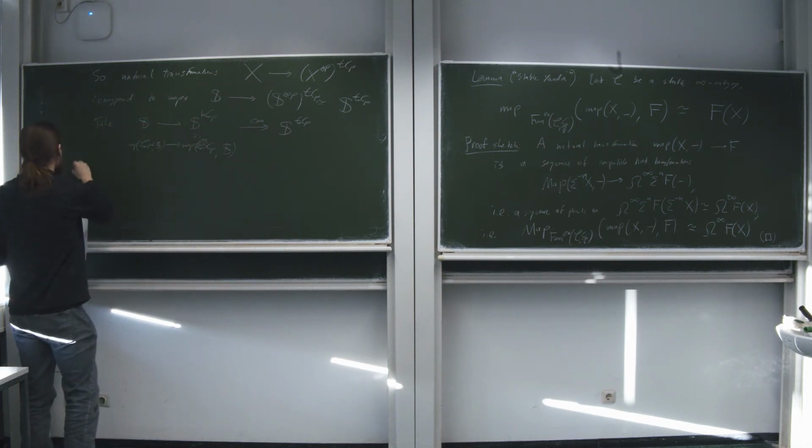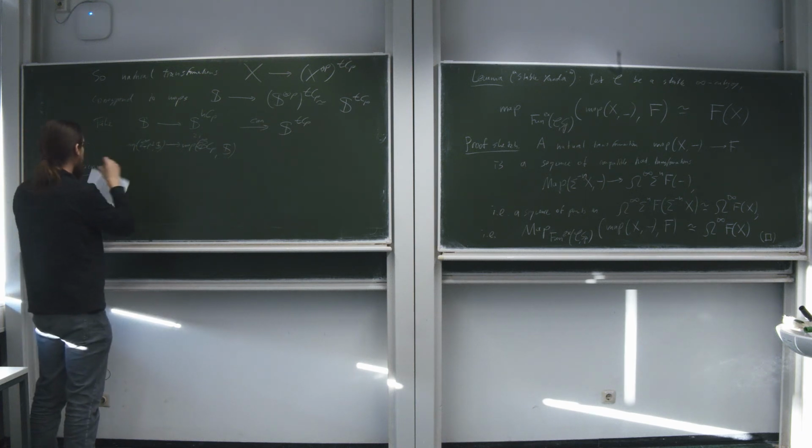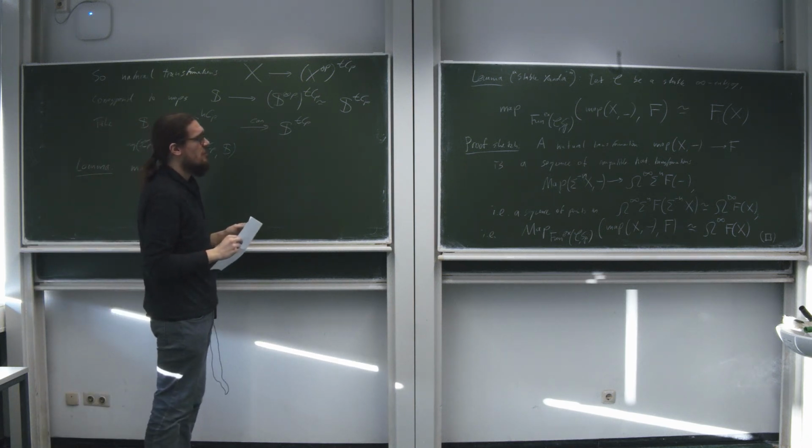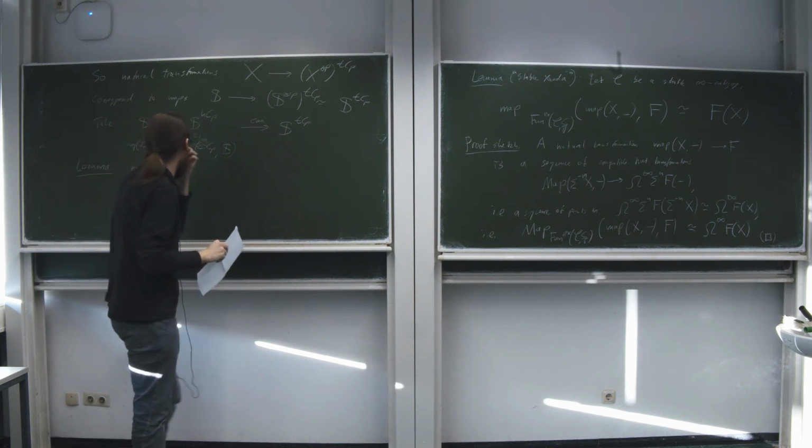And a nice way to package what's going on there is the following lemma. I'll not prove that, but you can think of this as a kind of monoidal refinement of the Yoneda lemma.